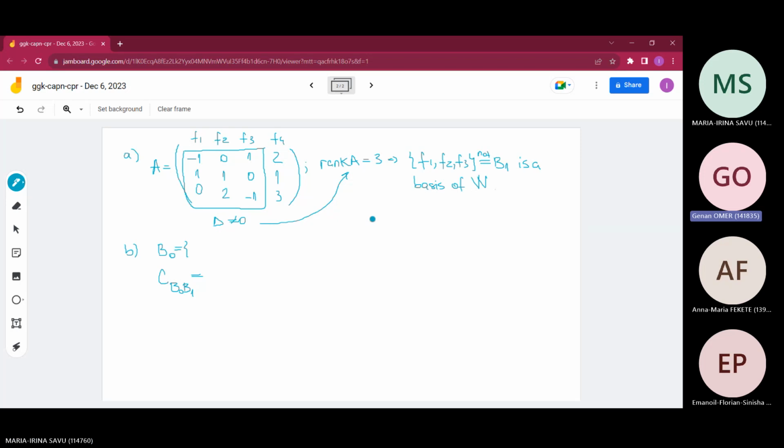So we have to express F1 by E1, E2, and E3, and then we will put the coefficients we found on the columns of the matrix. Exactly. But what computation do you have to do? I found only the first element. I have the other two to find. You already know them. You don't need to make computations here.